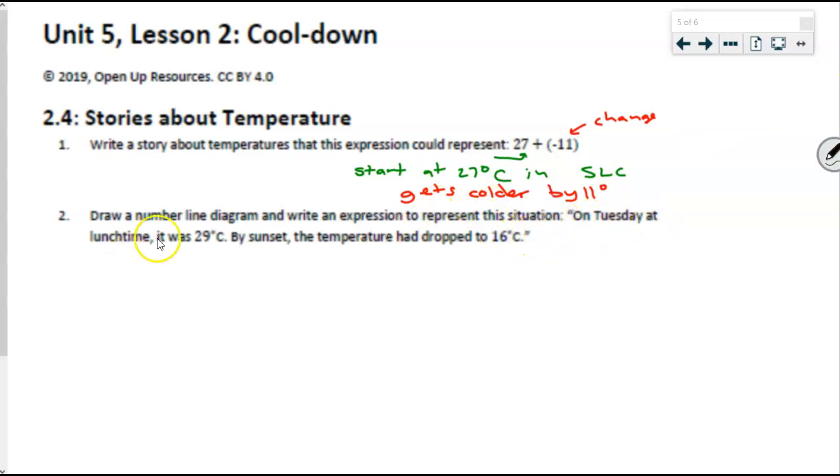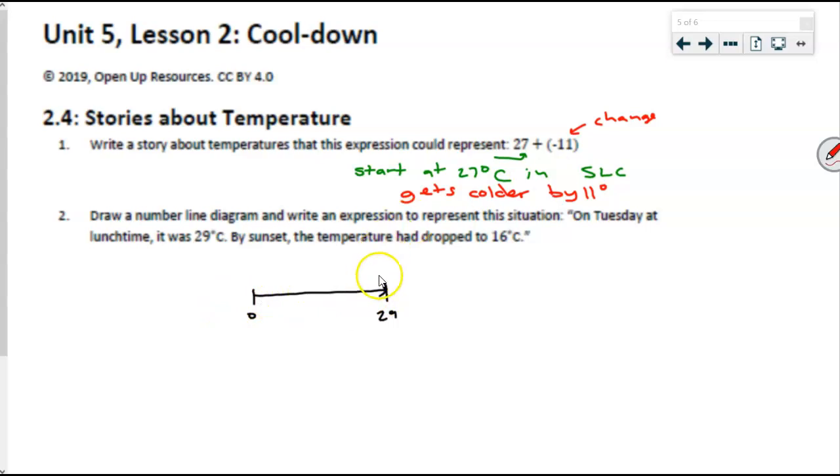On Tuesday at lunchtime, it was 29 degrees Celsius. By sunset, the temperature had dropped to 16 degrees Celsius. So drawing a number line diagram for this. This is going to be the 0, and this is not going to be a perfect one. I don't want to have to draw a 1, 2, 3, etc. all the way up to 29. I just know that this arrow represents 29.